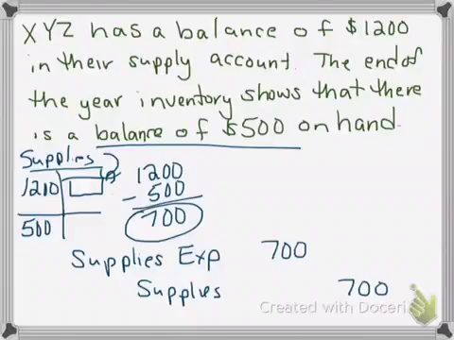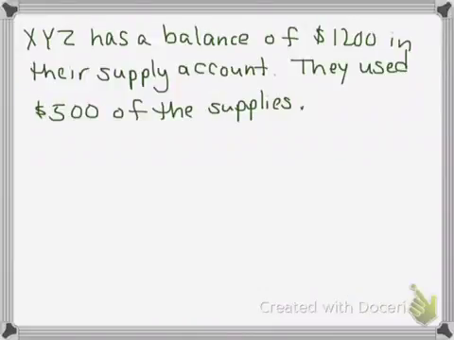Yes. Yes, okay? So the next one that we're looking at is still a supply account, but it can be worded a little bit differently. Okay? So in this problem, it says XYZ has a balance of $1,200 in their supply account. They used $500 of supplies. Now the key word here is what? Used.